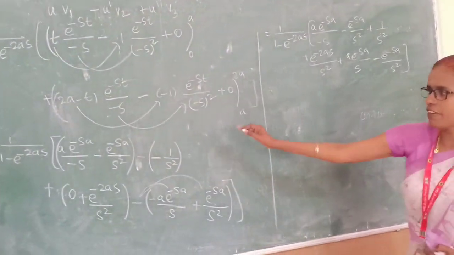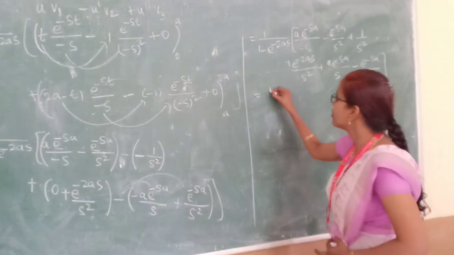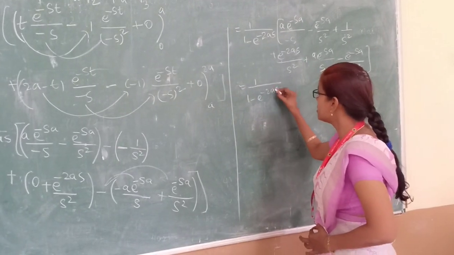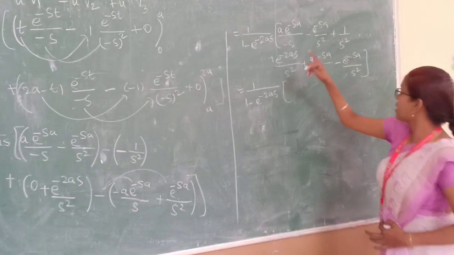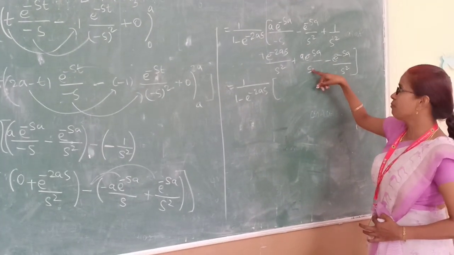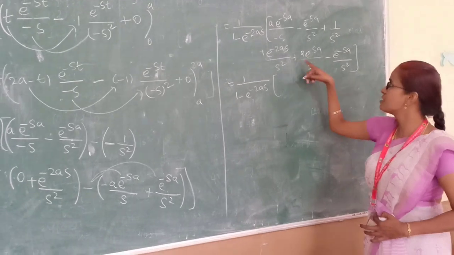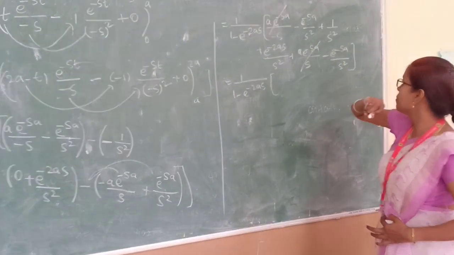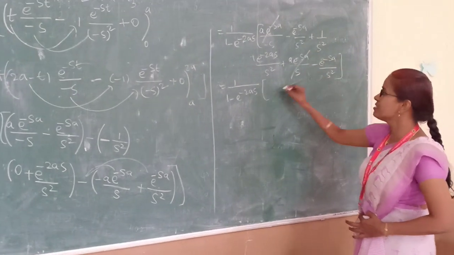Now we have simplified those minuses. This term is as it is: 1 minus e power minus 2as. Then there is a term with the same value but opposite sign; this is plus and this one is minus, so they cancel. The remaining terms have the LCM s square.